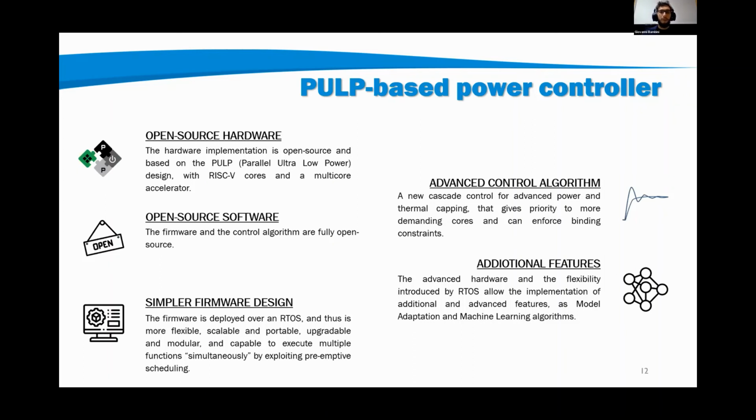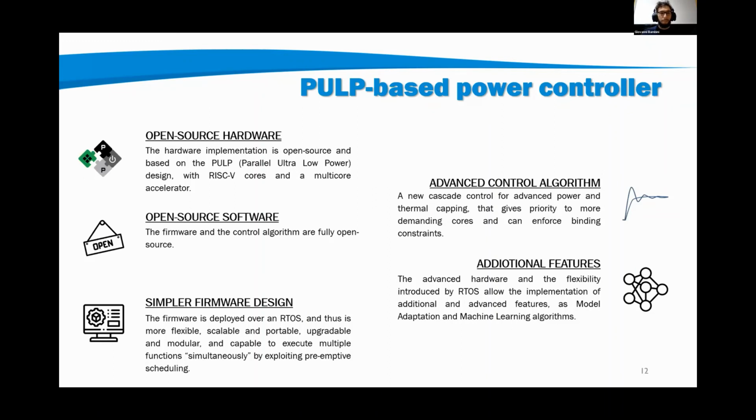Instead, for the firmware, we decided to go with an RTOS, so a real-time operating system, and we chose FreeRTOS because it's an open source and well-established product. Using an RTOS helps us in the firmware development because it's more flexible and powerful than bare metal, for the cost of some slight overheads.